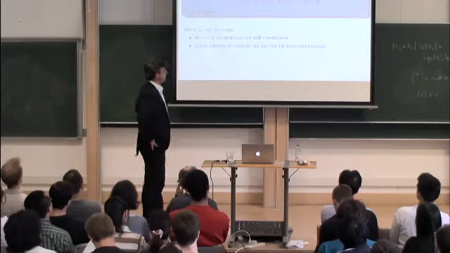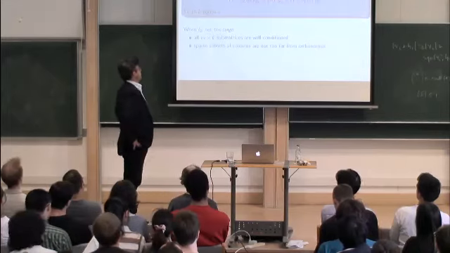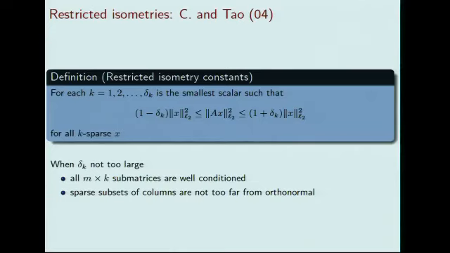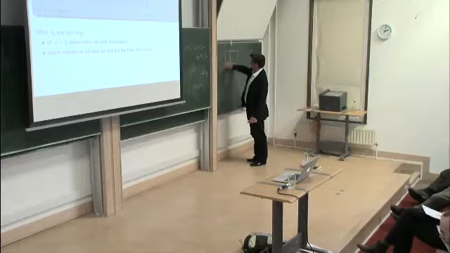Right? So that's the definition of the restricted isometry constant. It's the smallest number you can find such that essentially A acts almost like an isometry on sparse inputs. Okay, this is just a definition, it's not a property. We call delta k the smallest number so that this property is true.